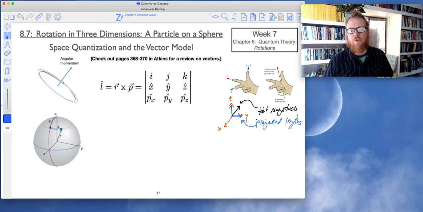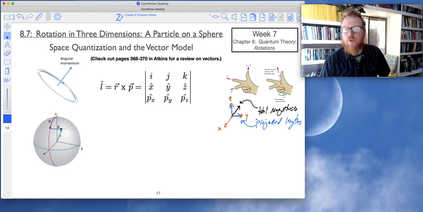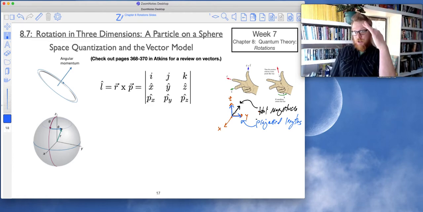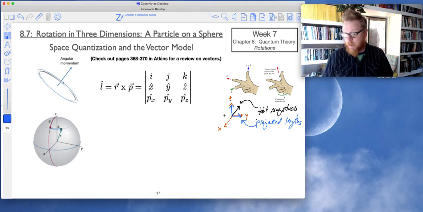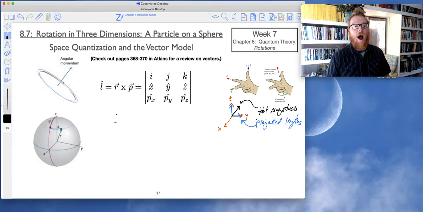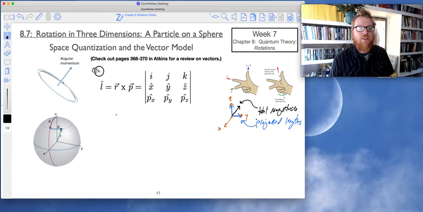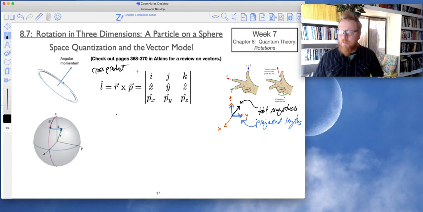With this vector, the way I've drawn it, we'd have projected lengths on the z and the y. But what if I gave my vector some pitch out into that x dimension? Then we would have projected lengths on the x, y, and z, and we would have to use this full three-dimensional cross product to describe that vector.